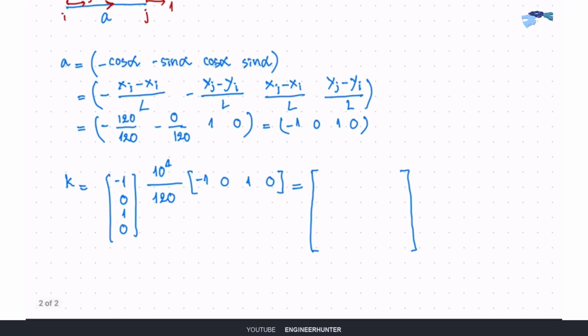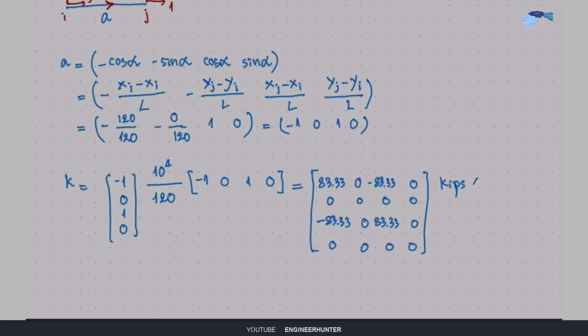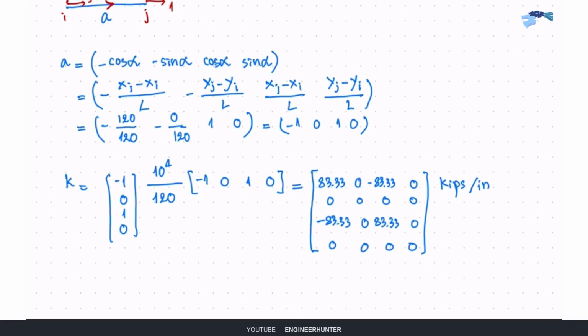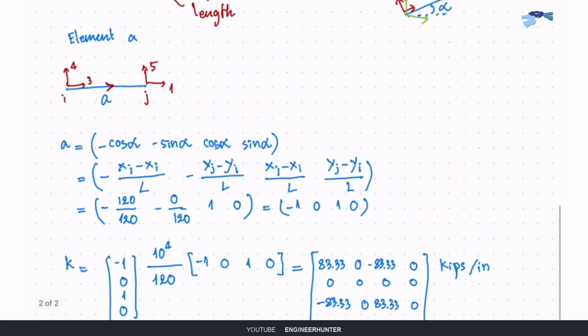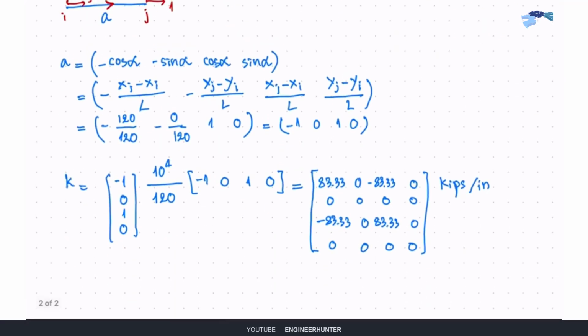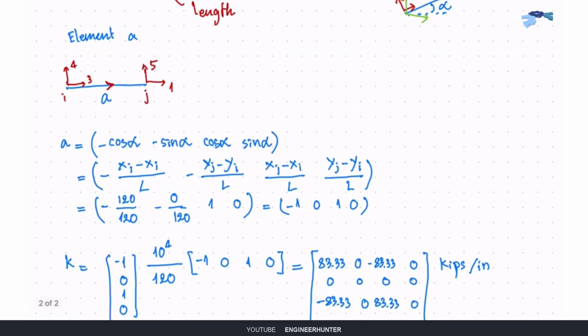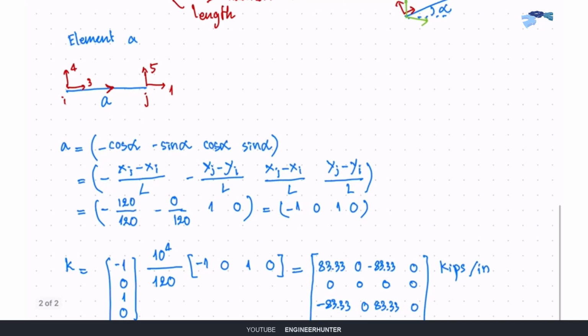So I'm going to put the number here. So we have find the local stiffness for element A, and you can do this for element B and C.